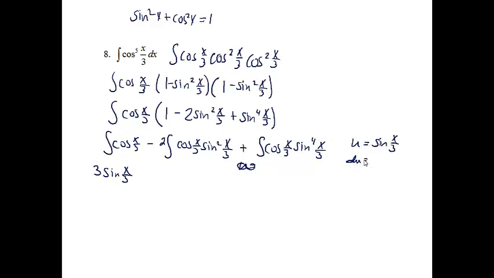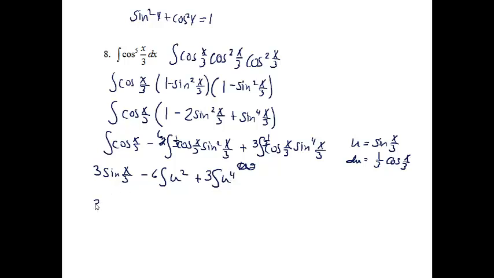The derivative would be 1/3 cosine x over 3. And so if I look at that, I do have the cosine of x over 3, I'm just missing the 1/3. So a 3 goes out front, which is going to make it a 6. And 1/3, 3 goes out front. Okay, so now I have minus 6, the integral of u squared, plus 3 integral of u to the fourth.